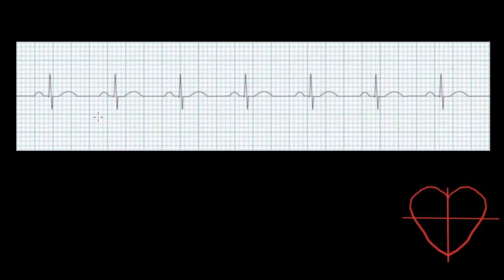The next piece on our conduction pathway is going to be the AV node. And as we know, the AV node is kind of the gatekeeper between the atria and the ventricles. And it's there to kind of slow down that rapid firing of the SA node as it heads down to the ventricles. So the AV node correlates with the PR interval.